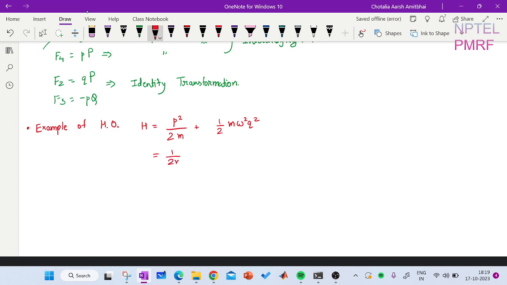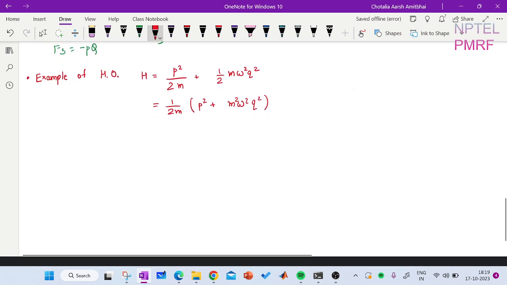And you can take out 2m so that it becomes 1 by 2m times (p squared plus m squared omega squared q squared). Okay, and what we want to do is just write this as some capital P. Okay, and that is our goal, so that the q does not appear.